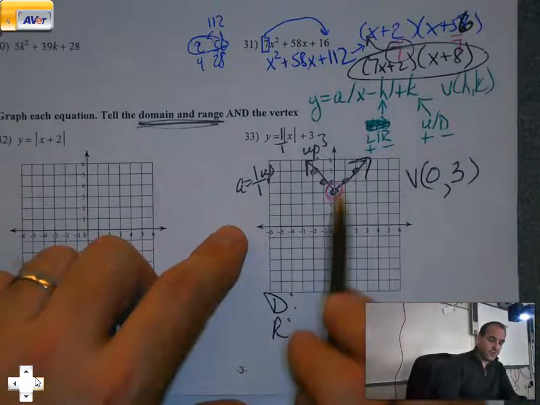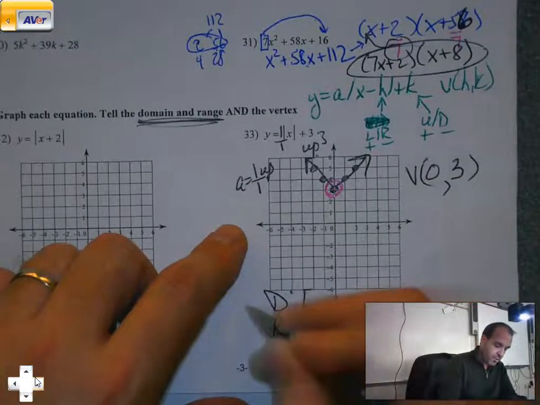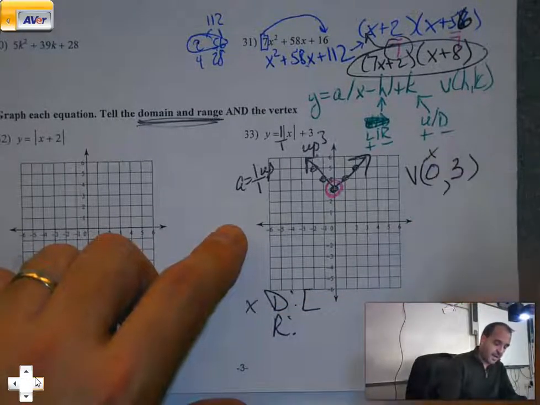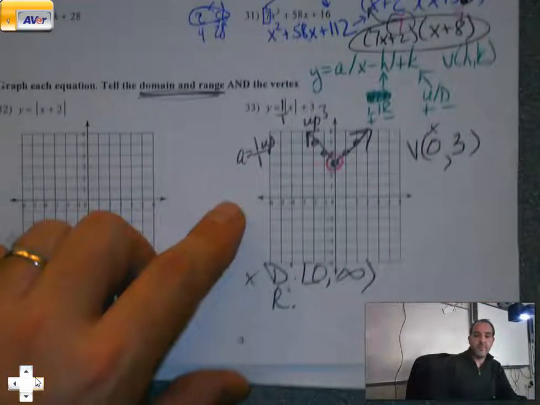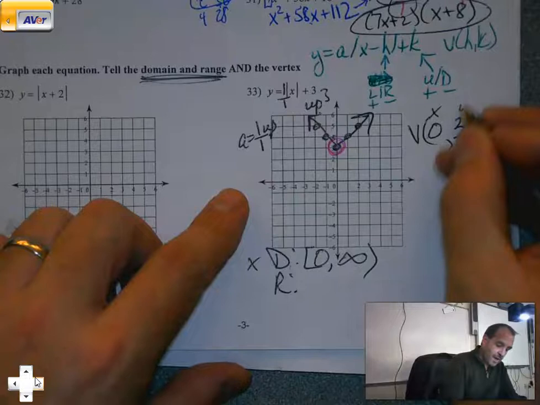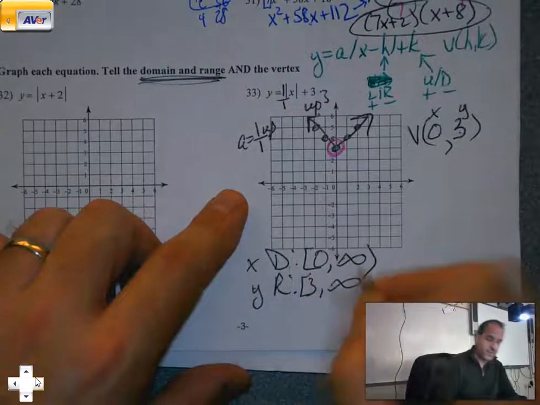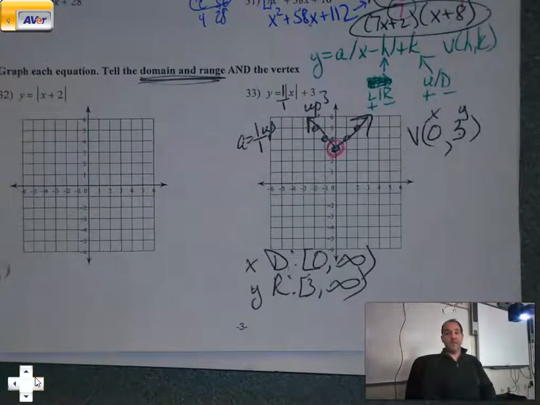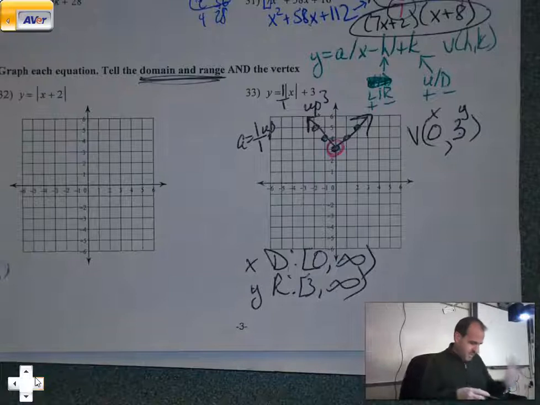That tells you where your domain and range start. My domain is my x values. There's the x value of my vertex, 0 to infinity. There's the y value of my vertex, which goes with range, 3 to infinity. It all comes together when you practice it. Just a little bit.